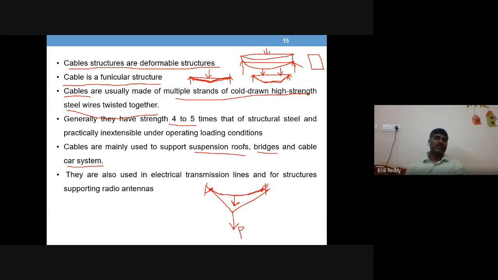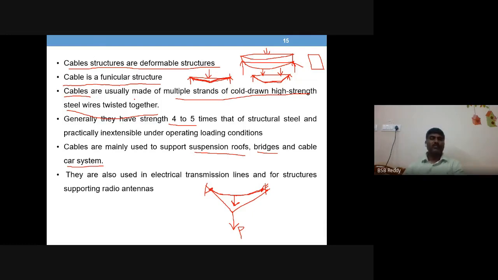Change of geometry, right? A cable is a funicular structure because it takes the shape of the load, and for that particular load applied to the cable, that geometry is a stable geometry. That's what is called a funicular structure.